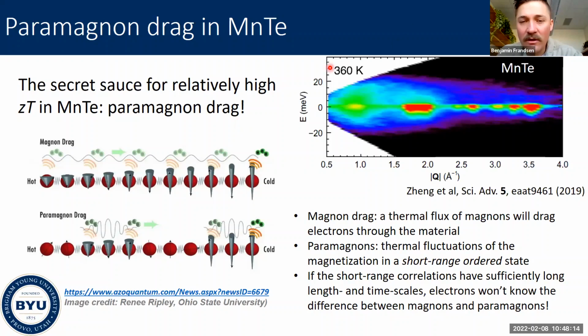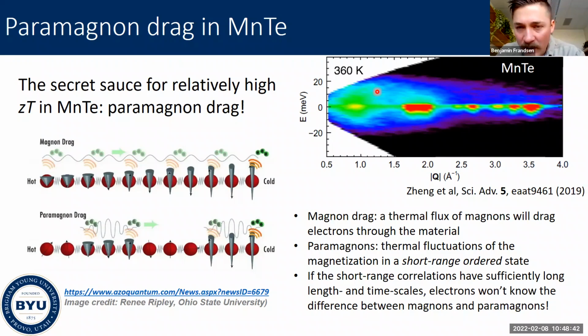If you use inelastic neutron scattering to look at the magnetic excitations, you can see significant magnetic excitations at 360 Kelvin. I should mention the long-range magnetic transition occurs at 307 Kelvin in manganese telluride. So this is probing short-range correlated antiferromagnetic regions above the transition temperature.